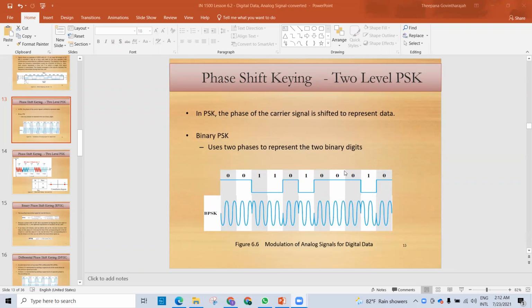In this video, we are going to see about phase shift keying. Already in the last videos, we have seen about ASK and FSK. Here we are going to see about PSK.